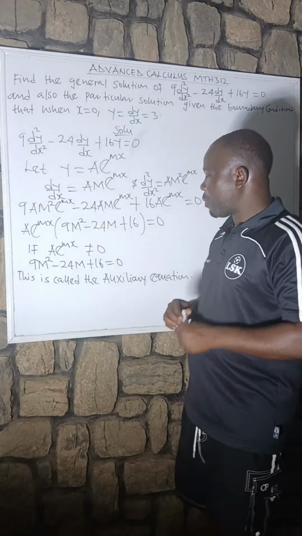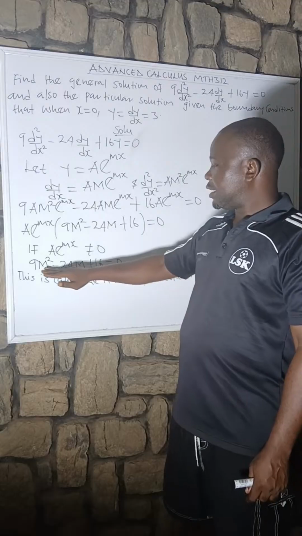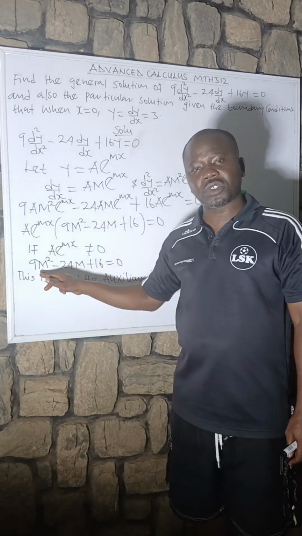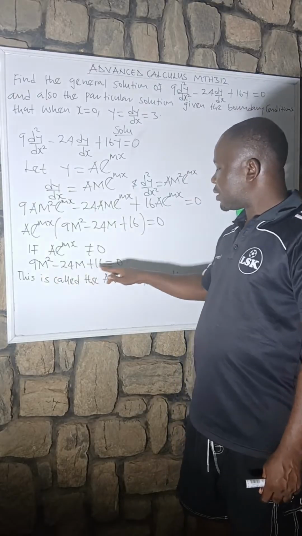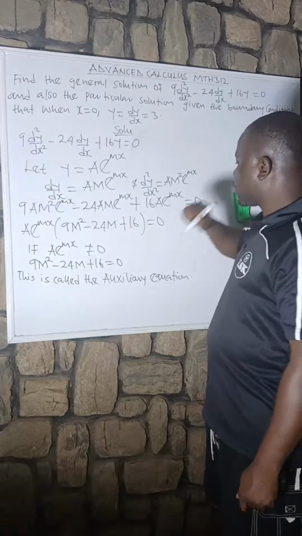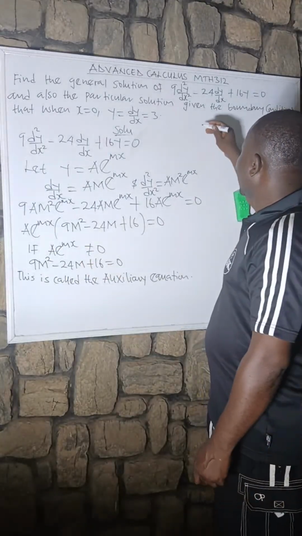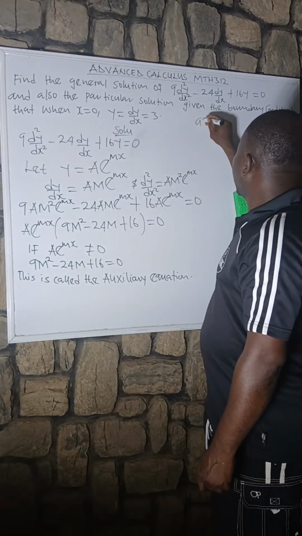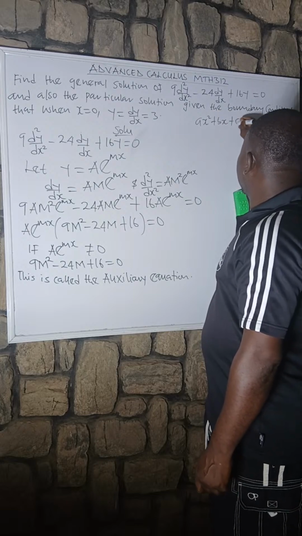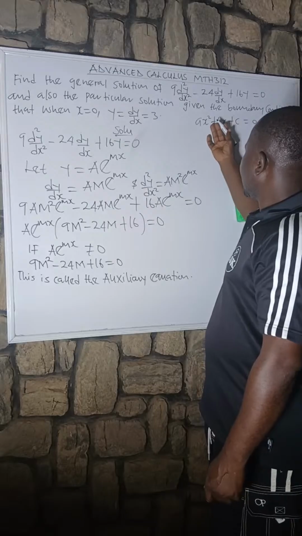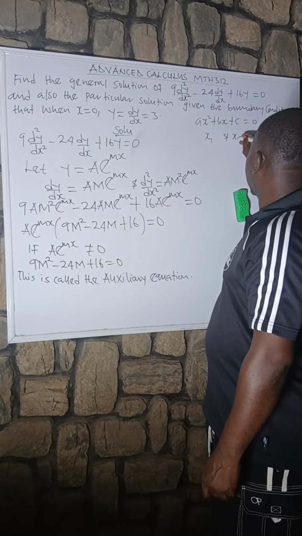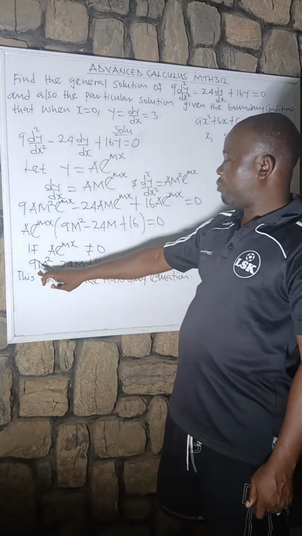Is that clear? So now, at this point, it means we are going to find the roots using this auxiliary equation. In a quadratic equation, when we have equations of the form ax squared plus bx plus c equals 0, the roots will be x1 and x2. The same thing is applicable here.